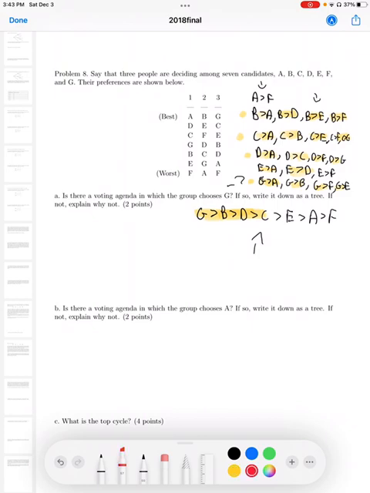And then E dominates 3 people, so they're usually the next one. And then the last ones are obviously A and F, and F doesn't dominate anything, so it's last.